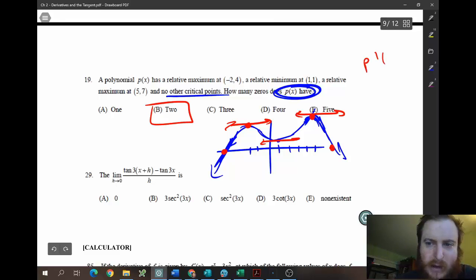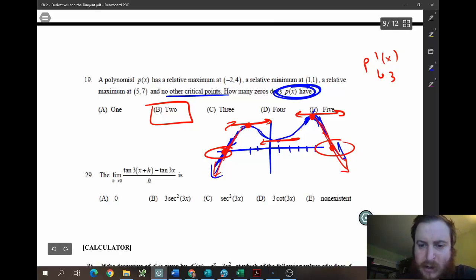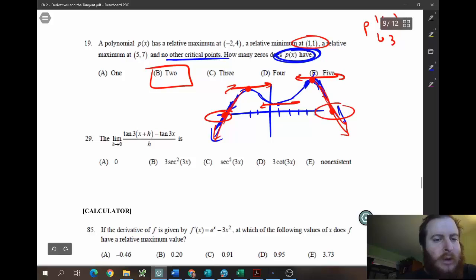P prime of x, that's what I was thinking, would have had 3 zeros because those are the critical points, but P of x can only have 2 zeros because the graph, right, if it's a relative maximum at -2, 4, it would have had to be increasing before then. So somewhere it would have had to pass down to 0. And after this maximum, again, somewhere it's going to have to pass down to 0. But in between there, the minimum is at 1, 1, so it doesn't get to 0. So graphing that one actually would have really, really helped.